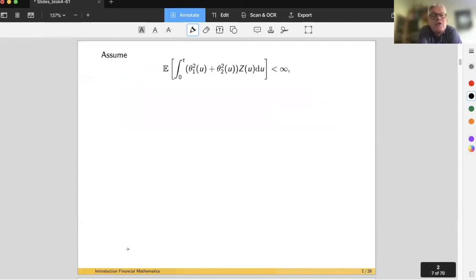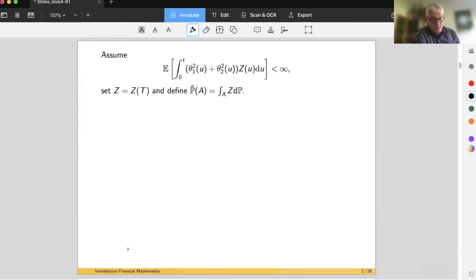Now, again, we assume that integrals exist, and in this case, that means that in expectation, the integral from 0 to t of theta 1 squared(u) plus theta 2 squared(u) times Z(u) du is finite, it exists. Okay, we just continue in the fashion that we know from the one-dimensional case.